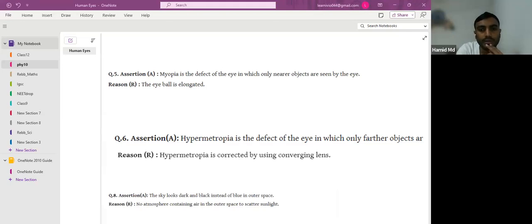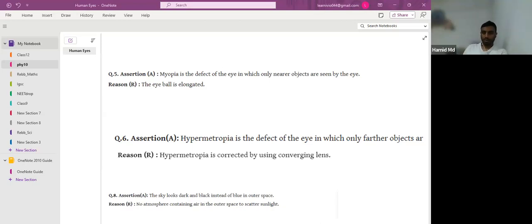It says answer B. Yeah, it's corrected by the convex lens. Okay, so hypermetropia is being corrected by a convex lens.